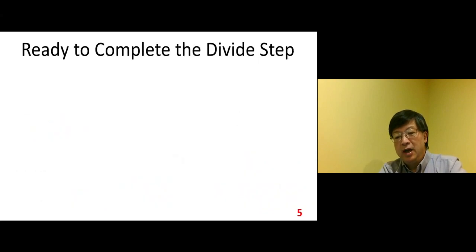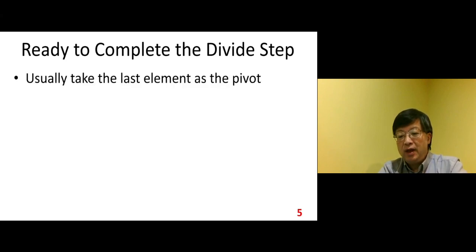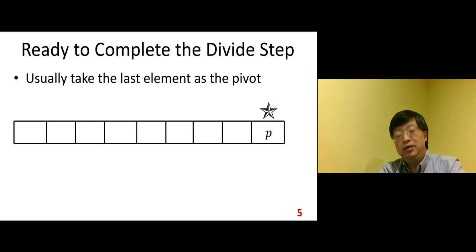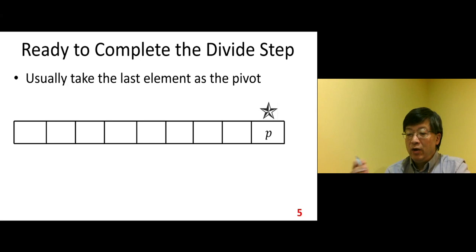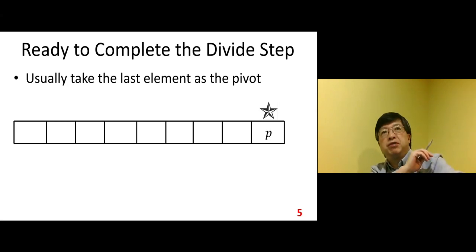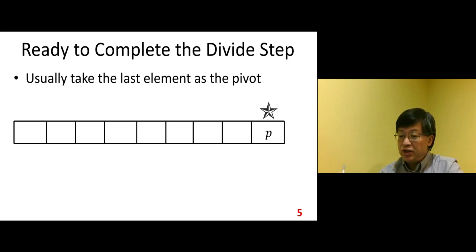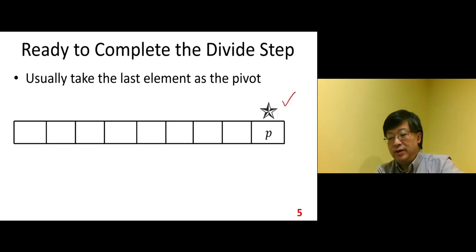All right. Now let's do the partition step. Usually we take the last element as the pivot. Yeah. You can take the first one, no difference. They have the equal performance. So let's use the last one.